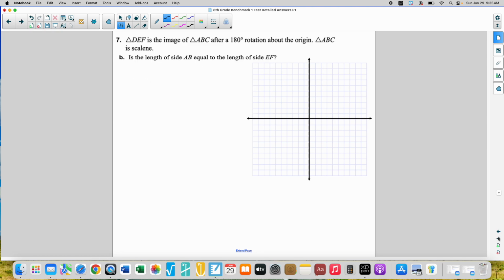Is the length of side AB equal to the length of side EF? So again, we can say triangle ABC and triangle DEF. When we talk about side AB, we're actually talking about side DE, not EF. So no, they are not equal. AB is equal to DE.